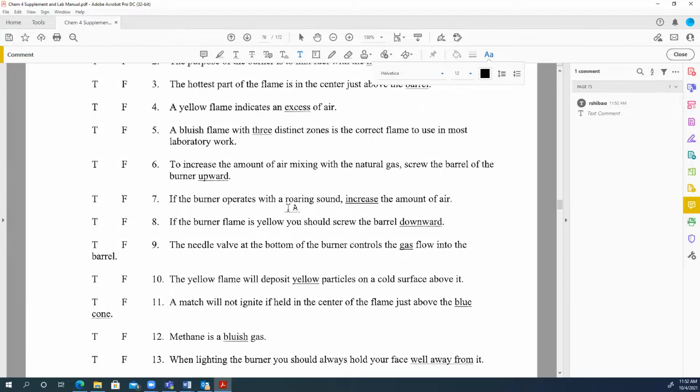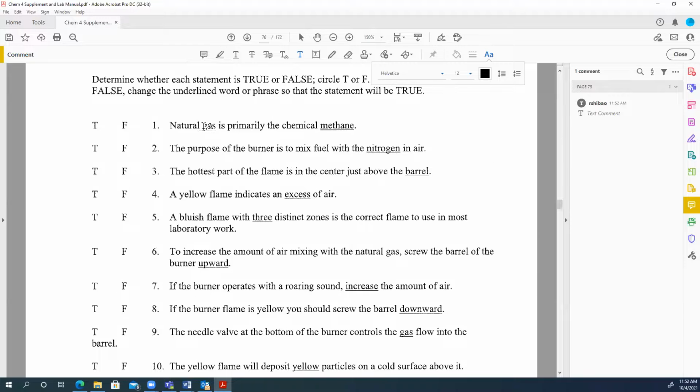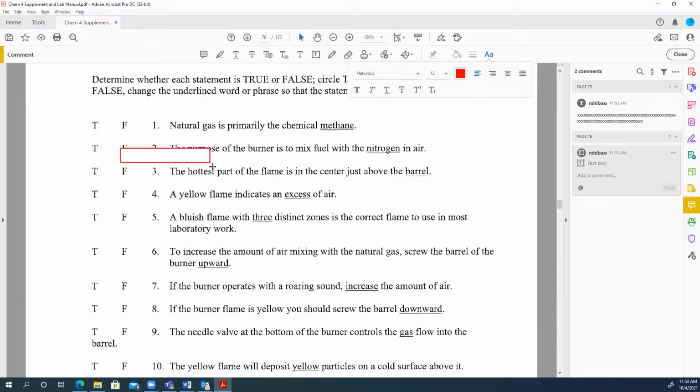Now, when you do these, don't forget here, if it's false, let's figure out one. Number 2 is false. And so that being false, I need to draw a shape here. Let's see. So what we need to do is check this and correct this.